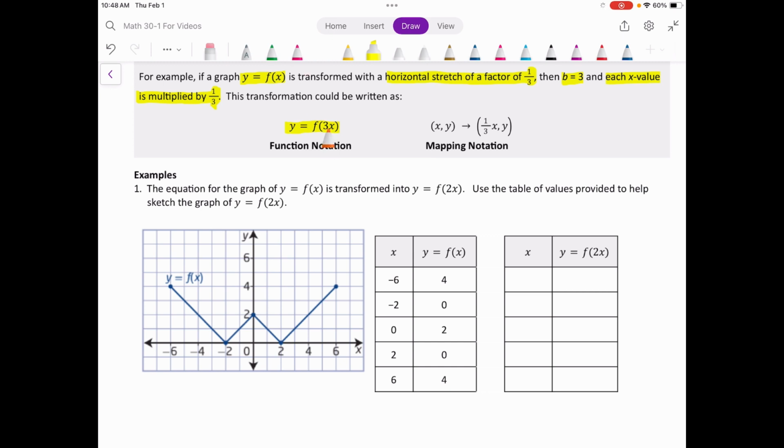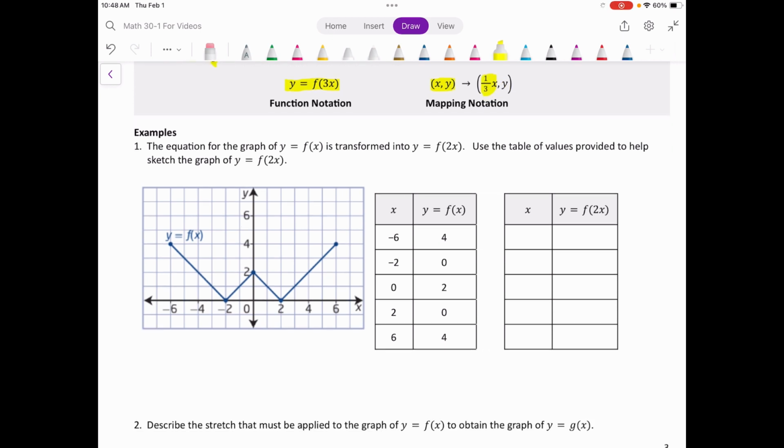We're replacing x with 3x. We replace x with bx for function notation. In our mapping notation, that just shows us exactly what we're actually going to do to every point. So since a horizontal stretch by a factor of 1/3 means that we multiply every x by 1/3, these are just direct instructions on what to do to each individual point. So if you had a point at (x, y), it's now at (1/3 x, y).